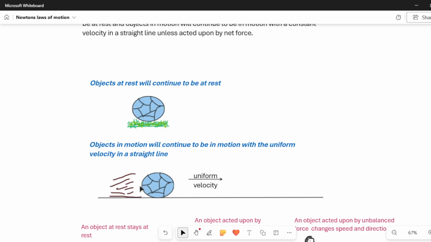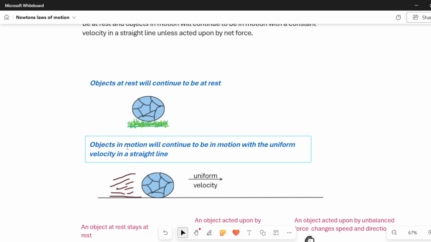So if there is no force acting on this object to change its direction or speed, the ball will continue to be in motion with the same velocity in a straight line.